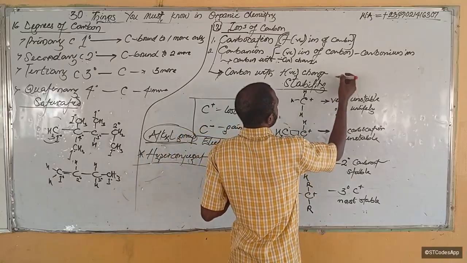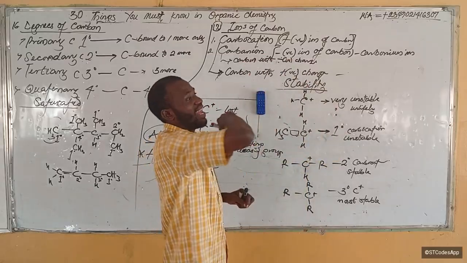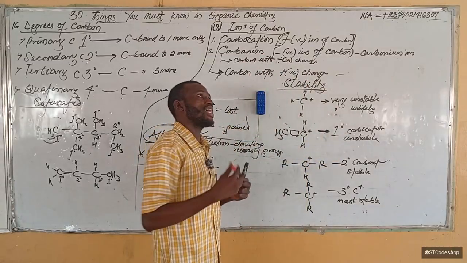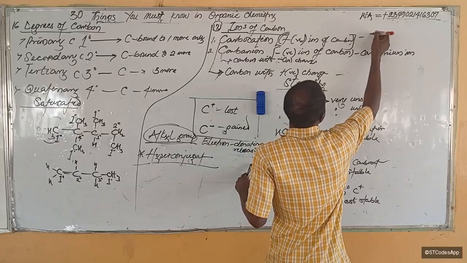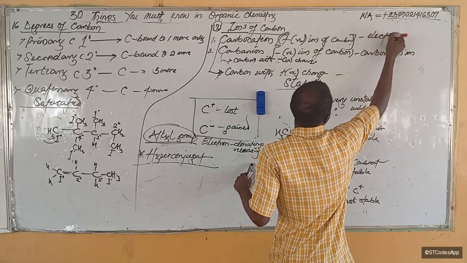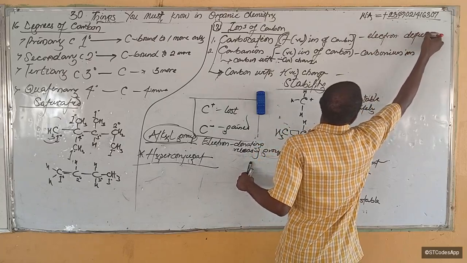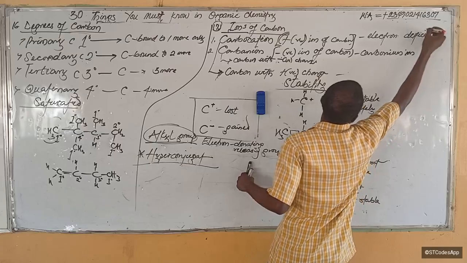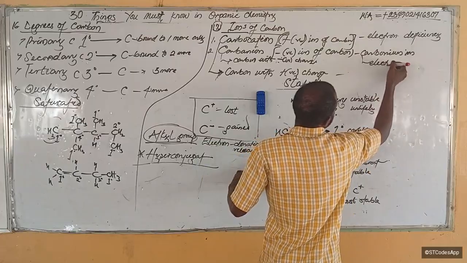This carbocation also means what? Electron deficient center. Then carbanions also mean electron rich center. Carbocation gives the notion of what? Electron deficiency, while carbanion gives the notion of electron richness.